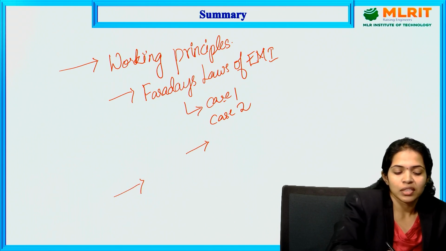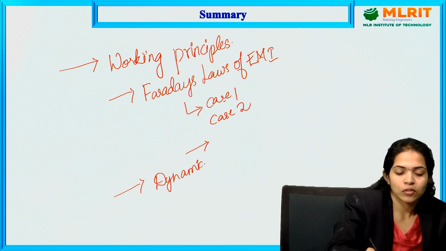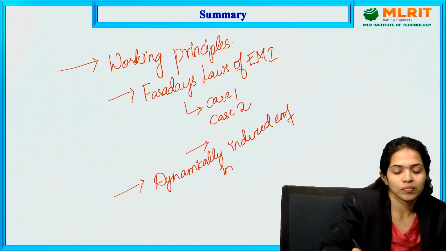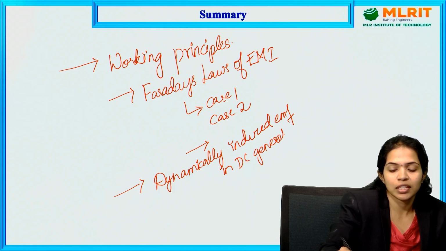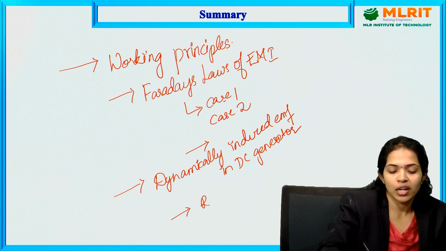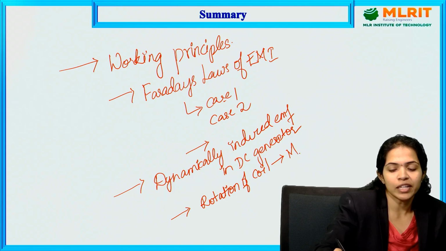Then we have seen the dynamically induced EMF in a DC generator, the different instances of rotation of the coil and the respective EMF equation, rotation of a conductor or coil under the influence of a magnetic field.